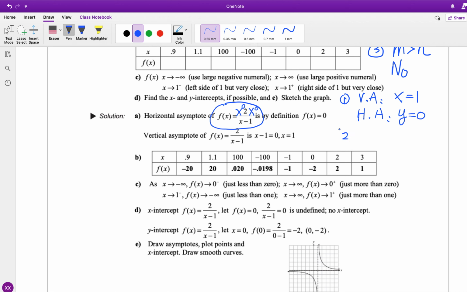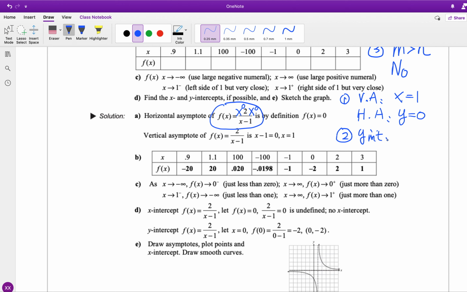Now the next step, we're going to also figure out the x-intercept and y-intercept. Your textbook has the table of values going first, but I like to just follow the steps above. The second one is our y-intercept.